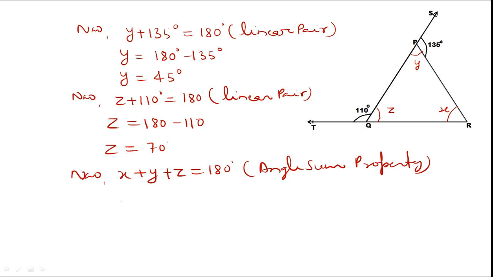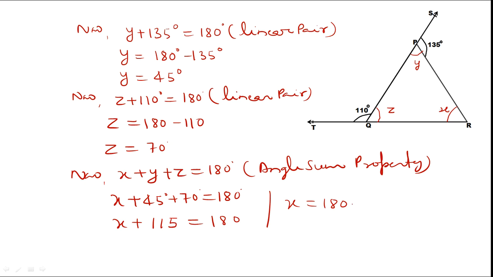So X is to be determined, the value of Y is 45 degrees and the value of Z is 70 degrees. Adding these gives 115. So X is 180 minus 115, so X will be equal to 65 degrees.